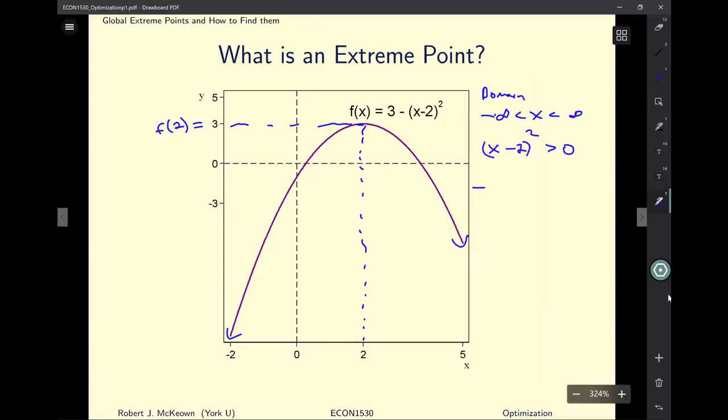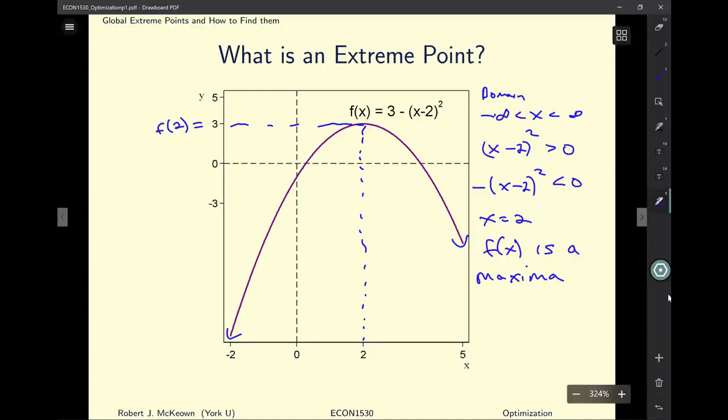And if we have negative x minus 2 squared, that's always going to be negative. And so the only way to get f of x very large is to let x be equal to 2. So when x is equal to 2, f of x is a maxima.